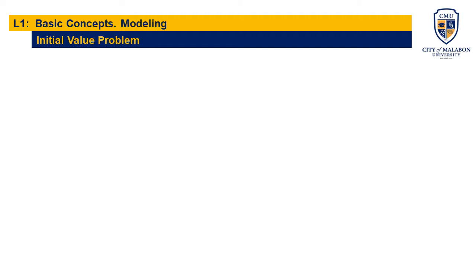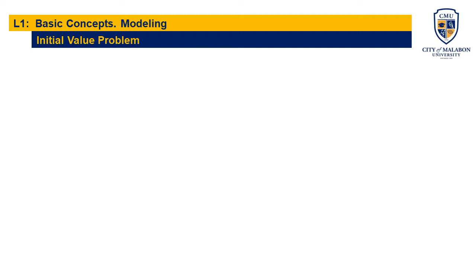So we go now to the concept of the initial value problem. In most cases, the unique solution of a given problem is obtained from a general solution using an initial condition.